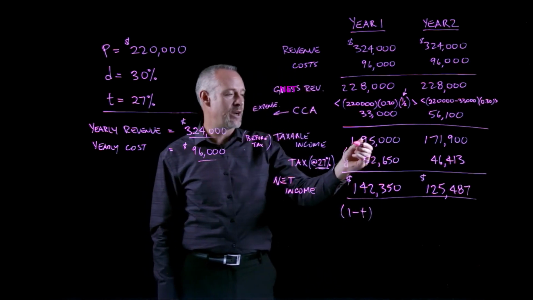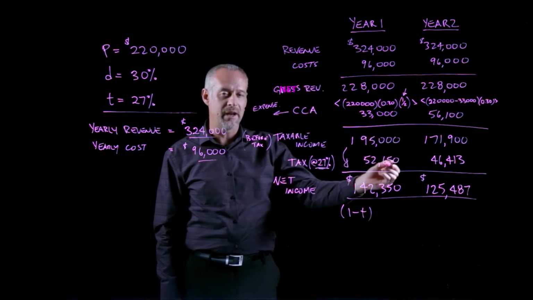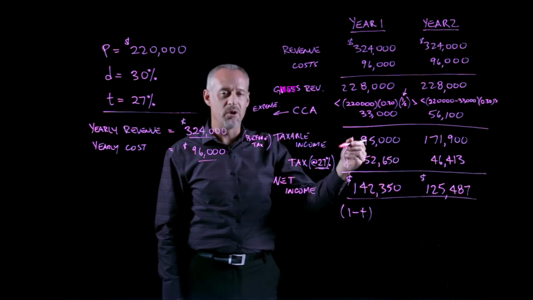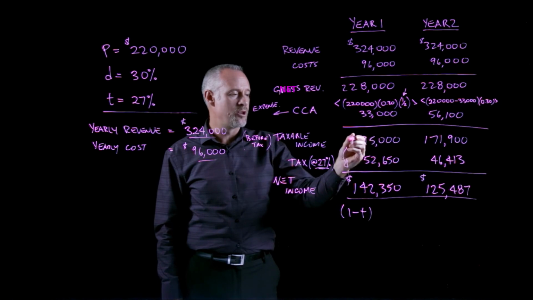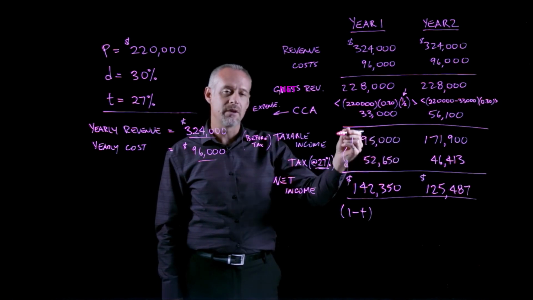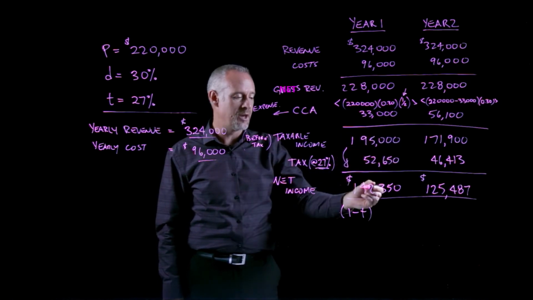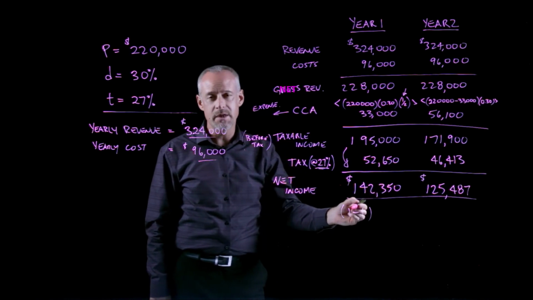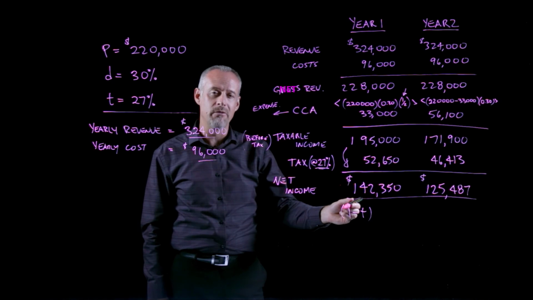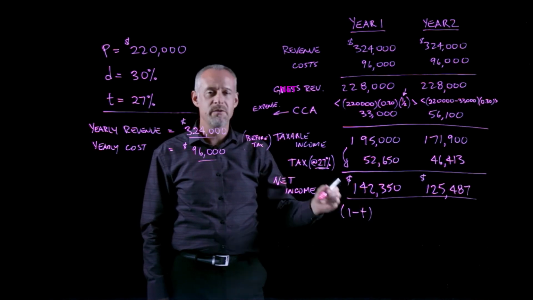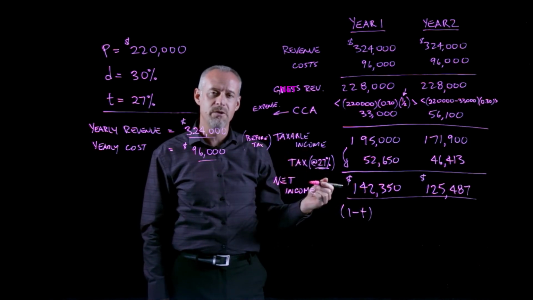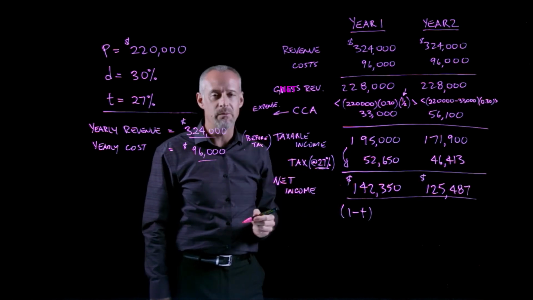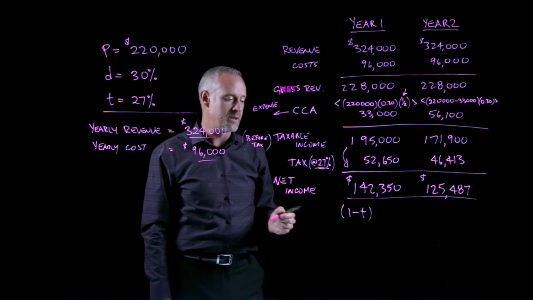What we did here was we actually took this number, multiplied by the tax rate, and then subtracted it to get this. Well, you can think of it another way. In order to go from the before-tax income to the after-tax income, we can simply multiply by 1 minus t. And we'll see this in future problems where we have engineering economics problems with before-tax cash flows, and the way that we convert those to after-tax cash flows is to simply multiply by 1 minus t.